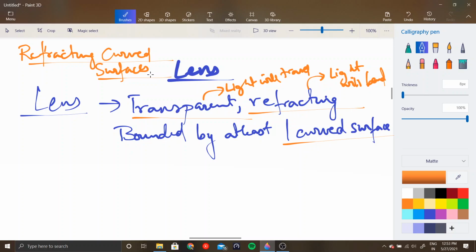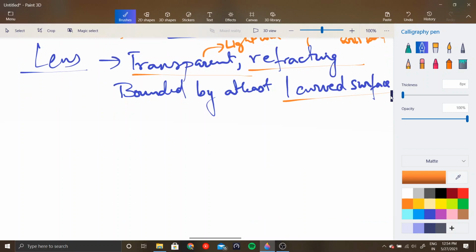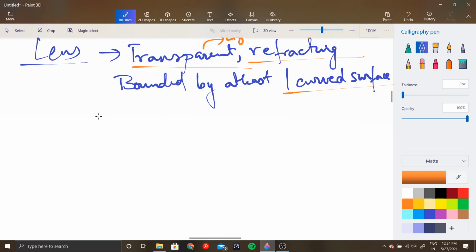Each of the layers of the lenses, each of the sides, at least one of the sides will always be curved, right? Okay. So let's dive right into it. Firstly, see a lens where both the surfaces are curved on the outer side, it is called a convex lens, a biconvex lens.